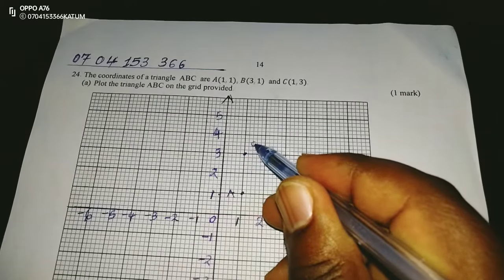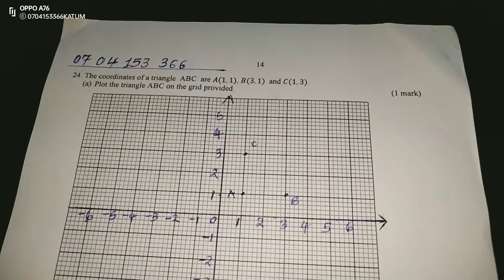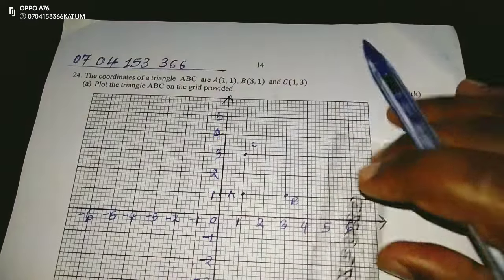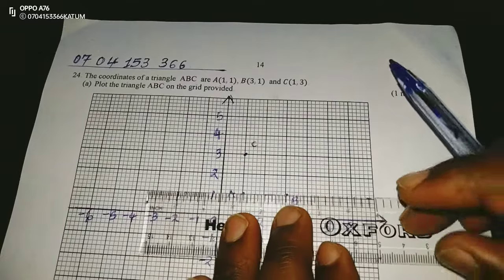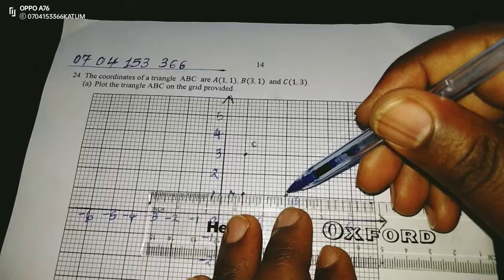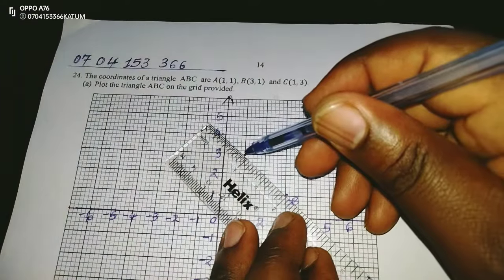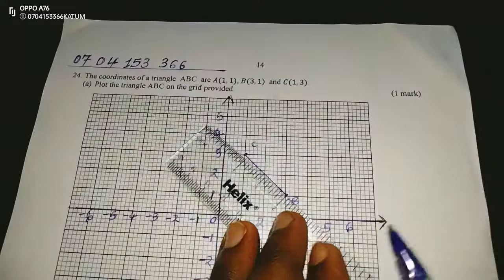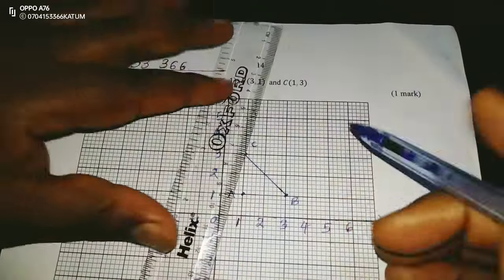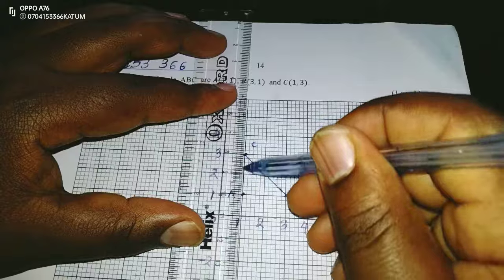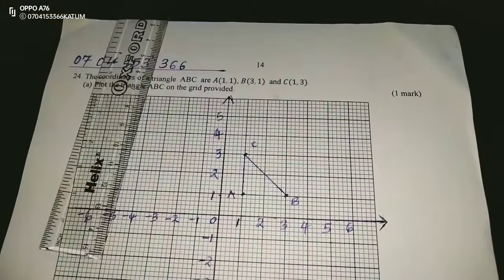This is where C is going to be. So I can now join A to B, B to C, so that I may get my triangle. So this is my triangle now, plotted.